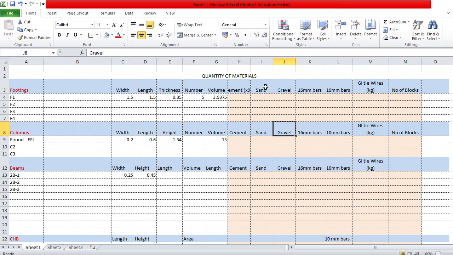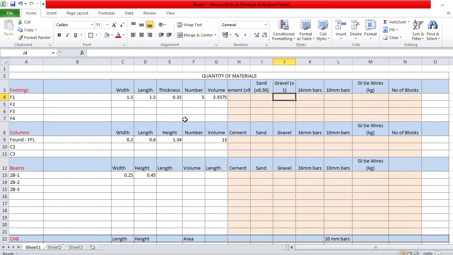And then, for your sand, you will multiply it by what? 0.5. Multiplied by 0.5. And then, for your gravel, you will multiply it by, diba, 1. Okay?